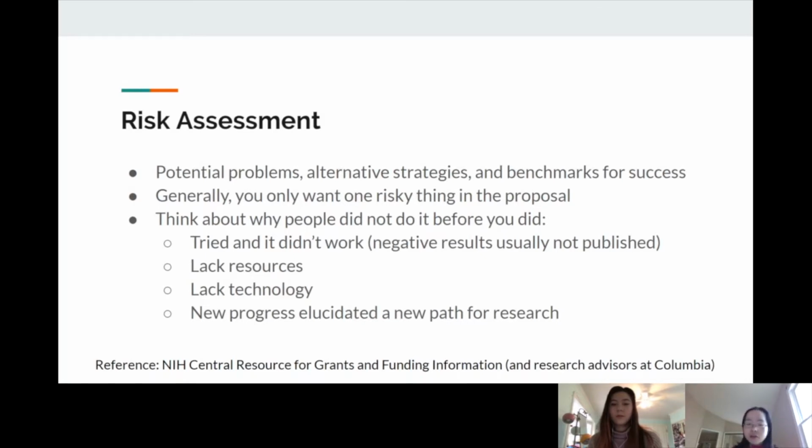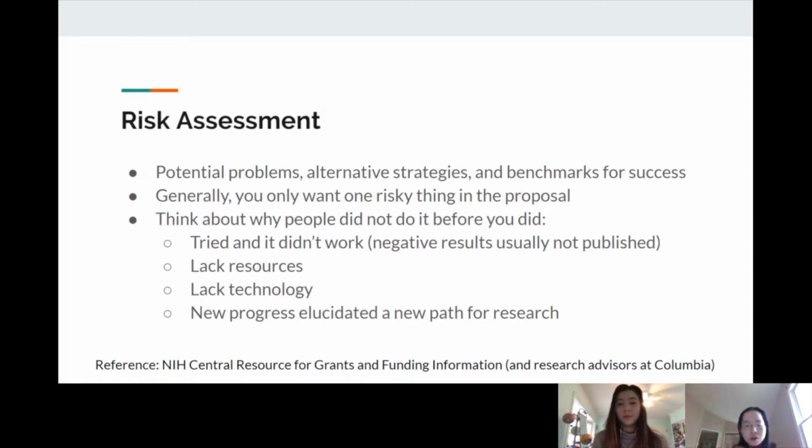And the last one is that new progress elucidated a new path for the research. Maybe it didn't seem like this approach or investigating this question would actually come up with something fruitful. It didn't seem like it was an interesting question. But now that there's been new progress and new discoveries have been made, it's more clear that you can actually find something more fruitful in this research. So now you start going on this path.